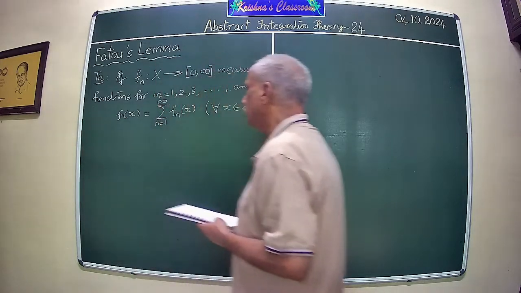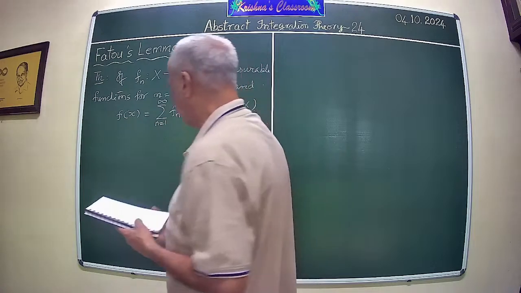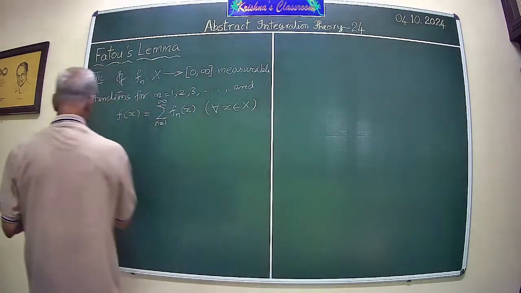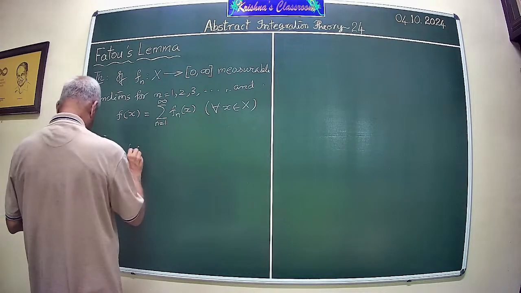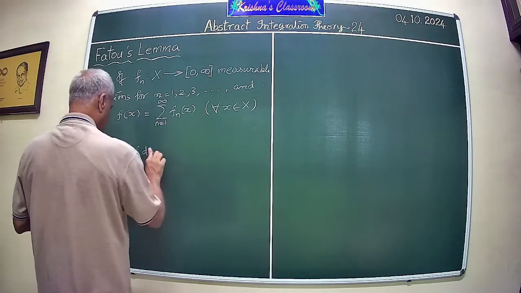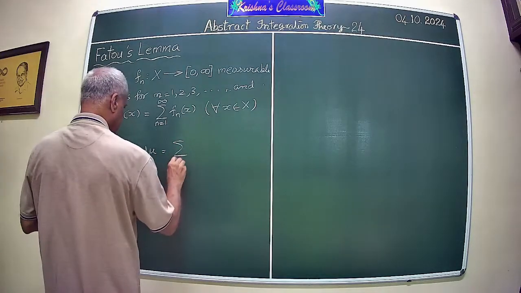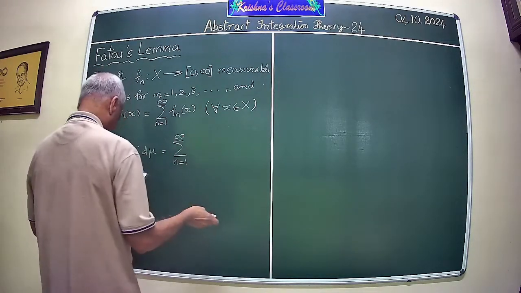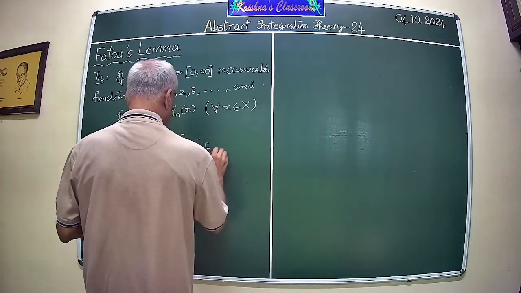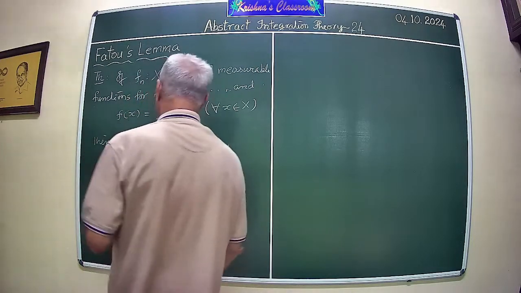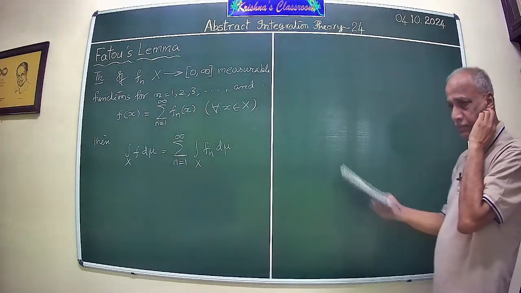However, f is measurable. Then the integral over x of f dmu. So this is what we proved last time.